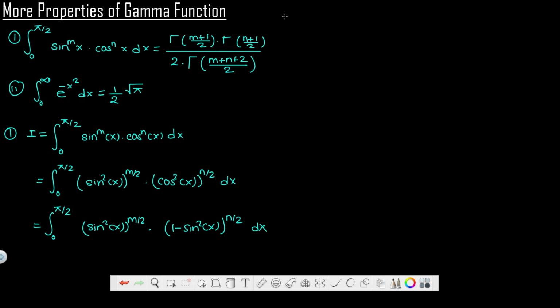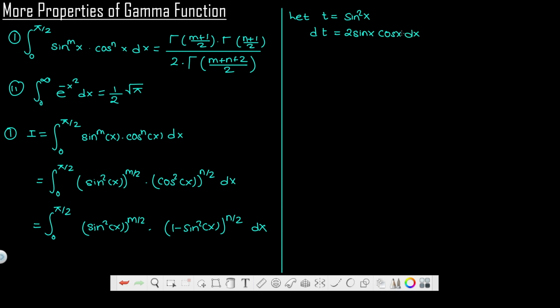So now we have to use the substitution method. Let t equal sine square x, and differentiating both sides with respect to x, we get dt equals 2 sine x cos x dx, or dx equals dt over 2 sine x cos x.